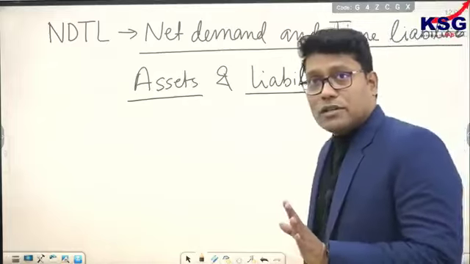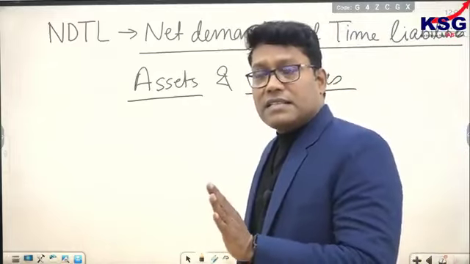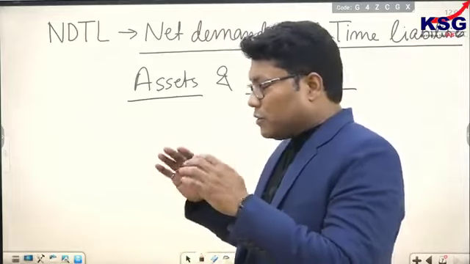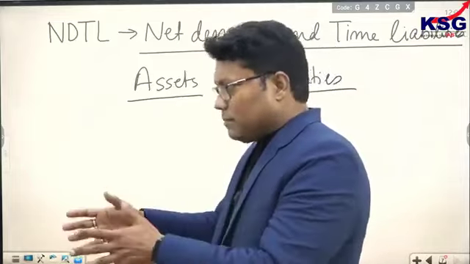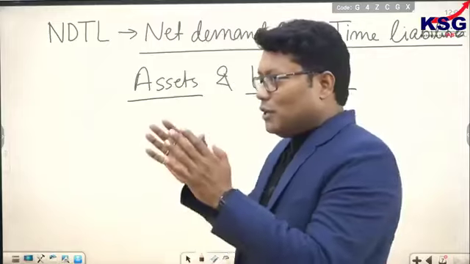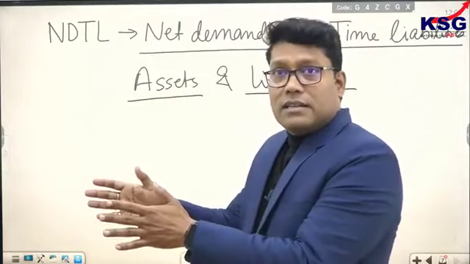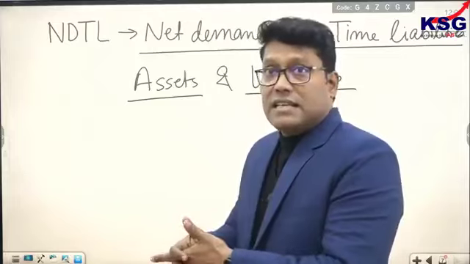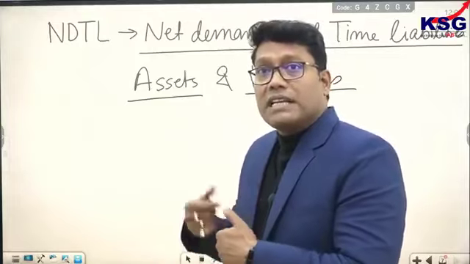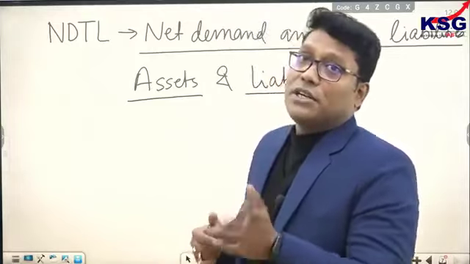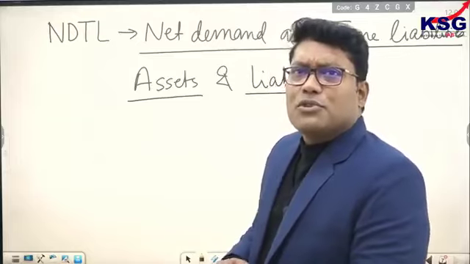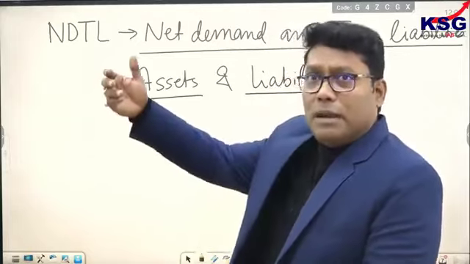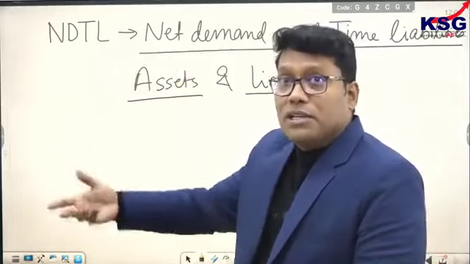Is it clear or not? If you claim on something, it is your asset. Something which is with you, but it's others' claim, is a liability for you. Like sometimes your friends are coming, and you are the owner of the house, your family house.